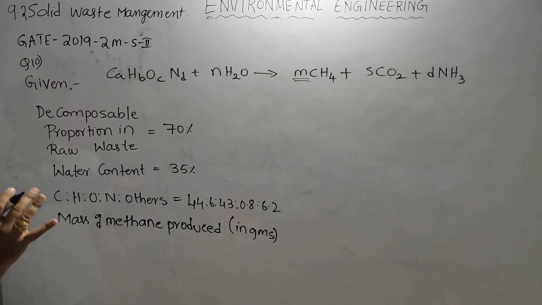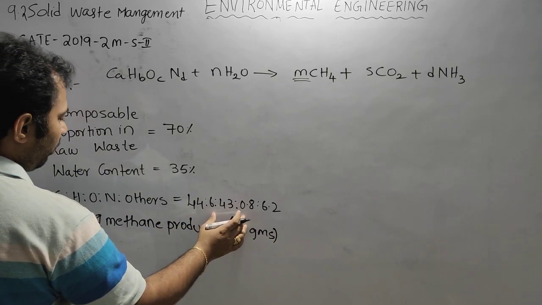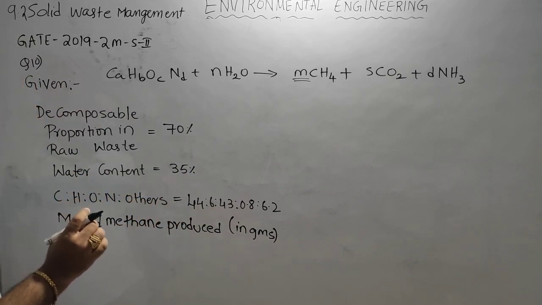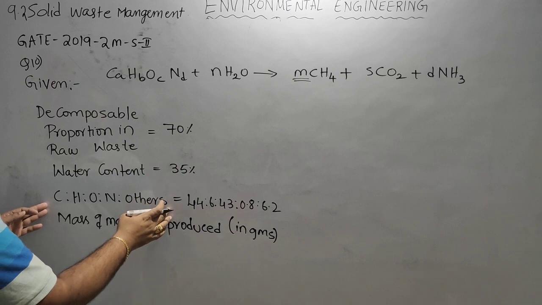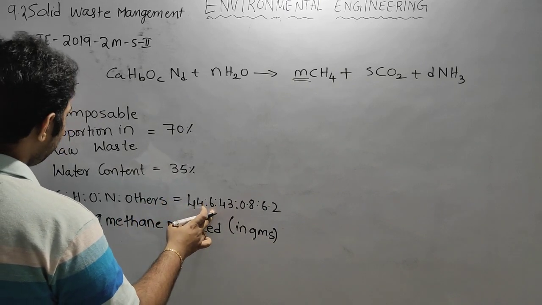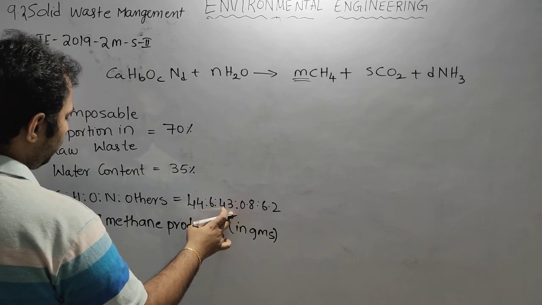It is a very simple question actually because we know the proportions here. We know the proportions in 100% of these compounds. So this is the proportion of C, 44. This is the proportion of H, 6. This is the proportion of O, that is 43.